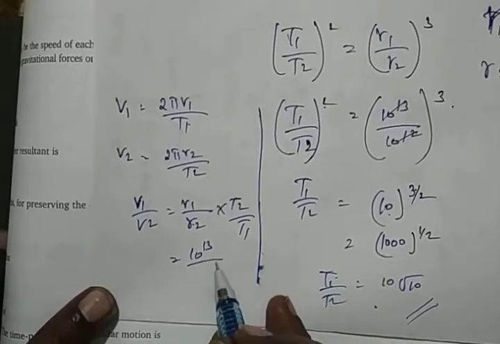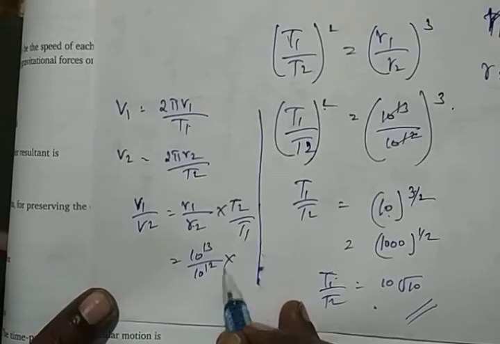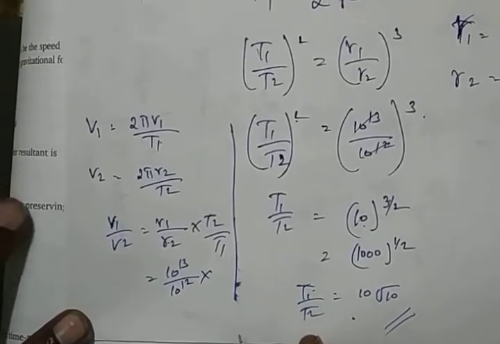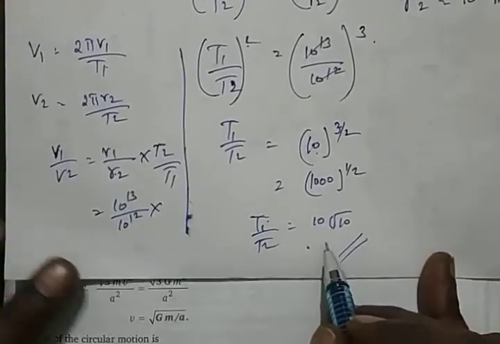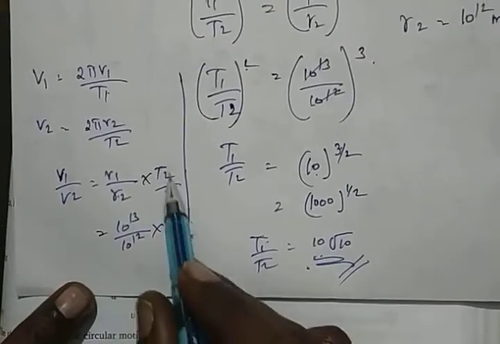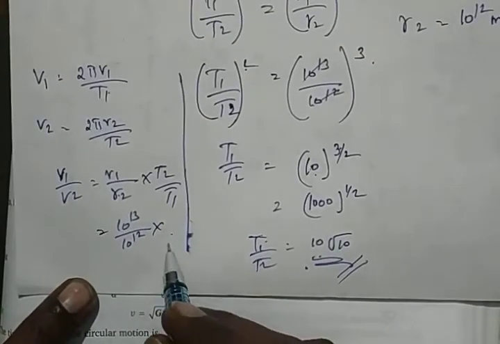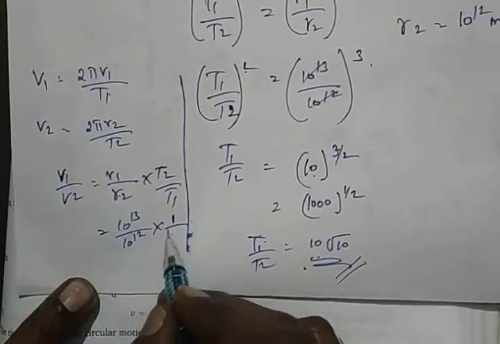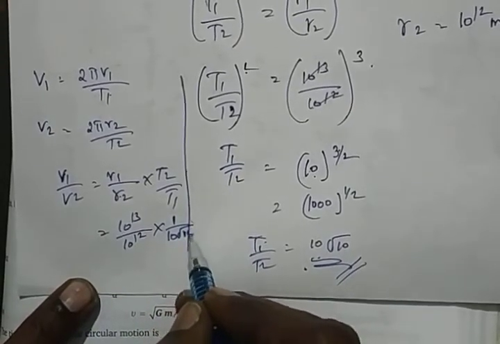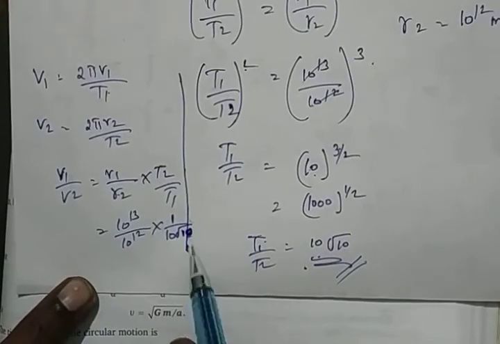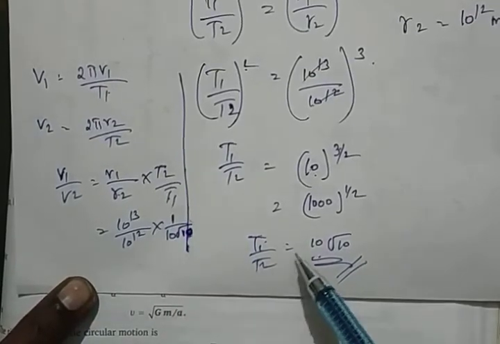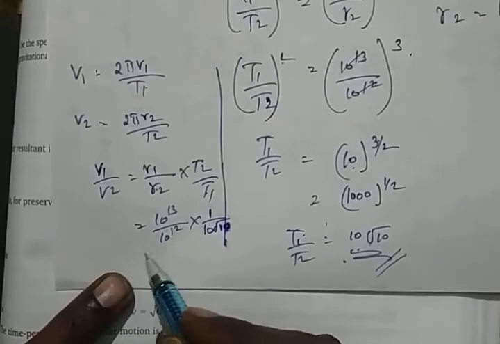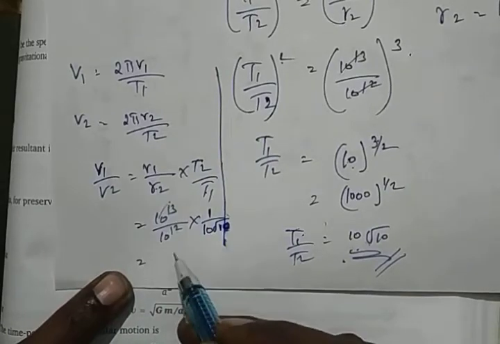So we are asked to find out the velocities. Now what is R1? 10 to the power of 13. What is R2? 10 to the power of 12. What is T2 and T1? It is already given here. So it is nothing but 1 upon 10 under root 10, because T2 upon T1 means it is reversed. So what is the value here? This is already 10.